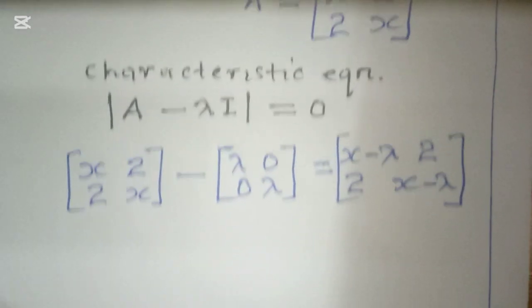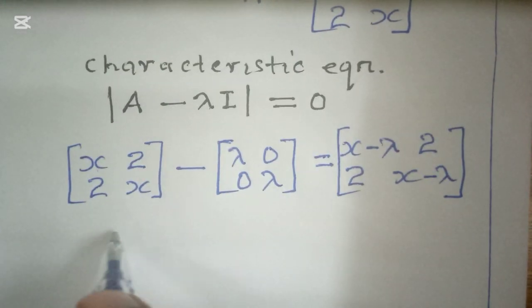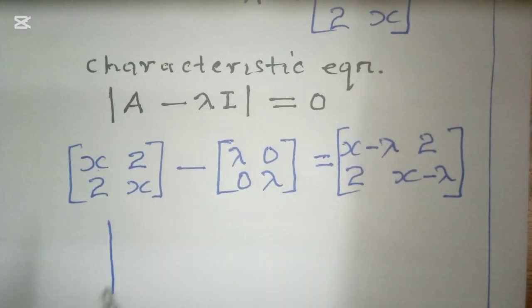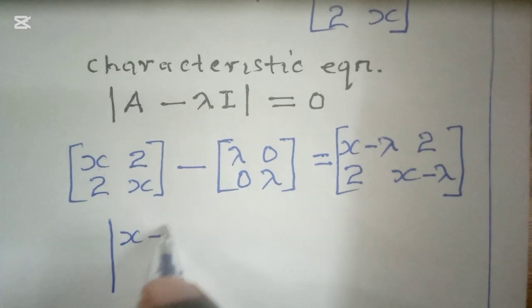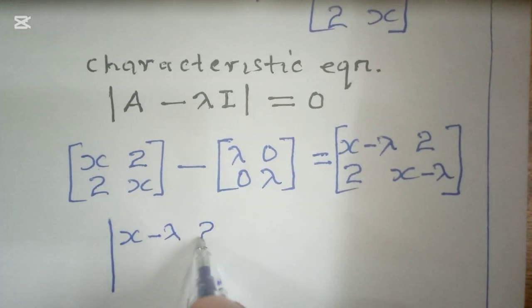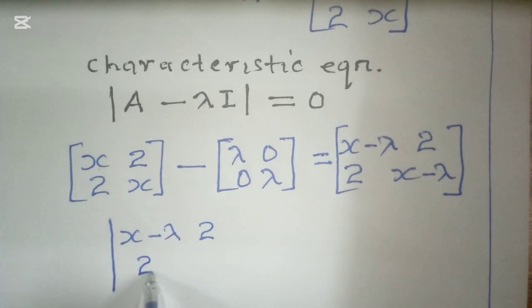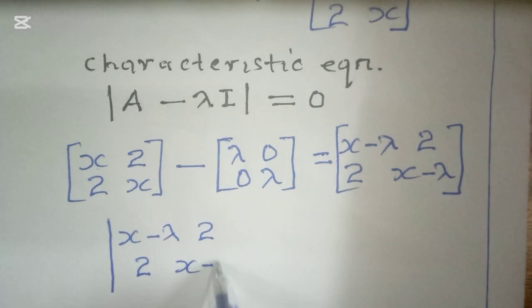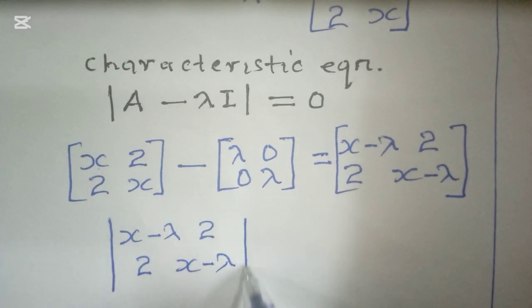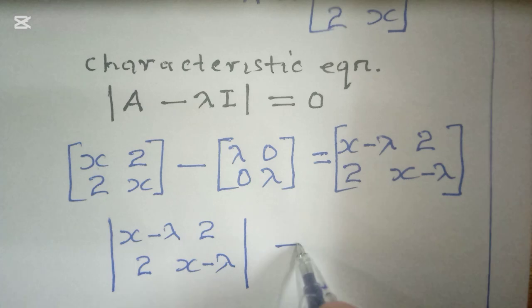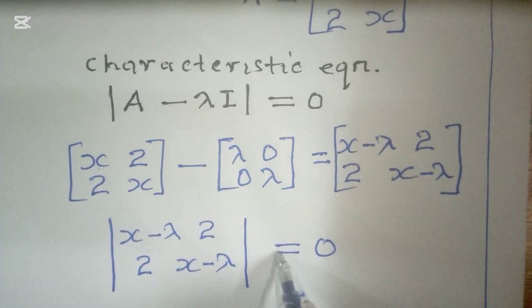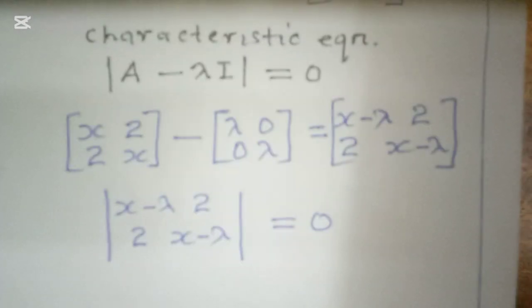When we write it down, we shall write x minus lambda, 2, 2, x minus lambda. And this is what we equate to 0. So the determinant of that matrix is supposed to be 0.